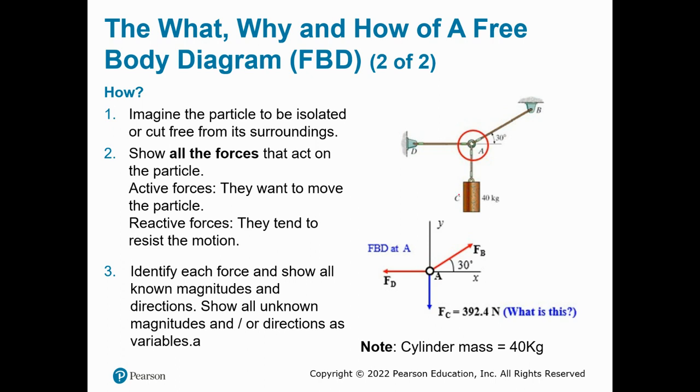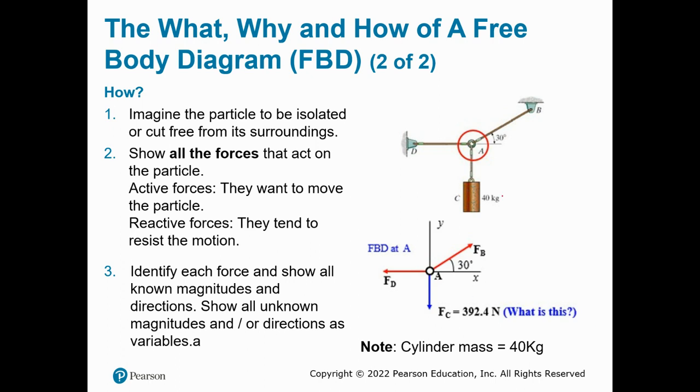So we're going to show all the forces acting on the particle: active forces, which want to move the particle, and reactive forces, which tend to resist the motion. We're going to identify each force and show all the known magnitudes.